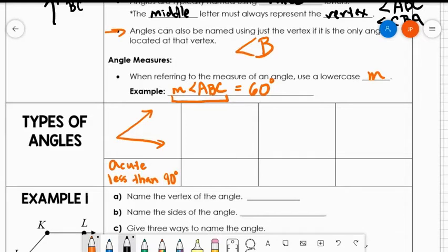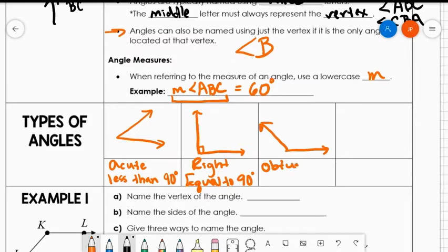And we're going to go from small to large here. So right in the middle, we mentioned 90 degrees because that's what a lot of these are based on. It's called a right angle. And those are angles that are equal to 90 degrees. Next one up is an obtuse, which measures more than 90 degrees.